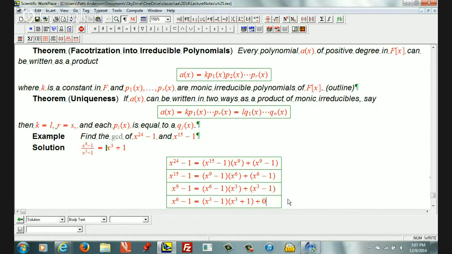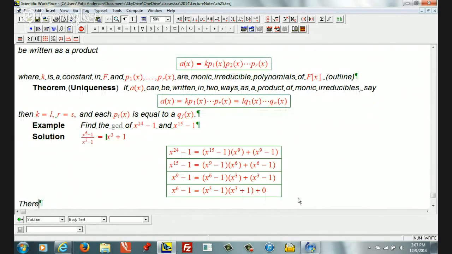plus 0. When you get to plus 0 right here, that is a difference of squares. You know that the previous polynomial, if you've written it in this form, is the greatest common divisor. And we want to choose the monic one. If it wasn't monic, you would factor out the leading coefficient and give me what's left inside.